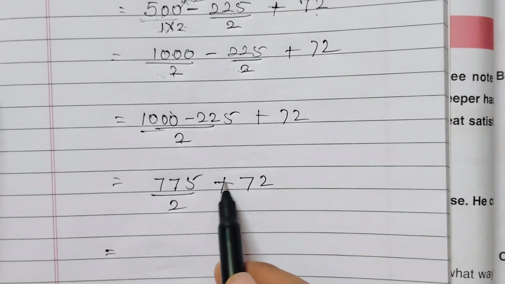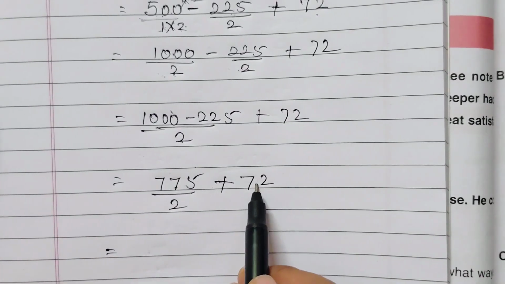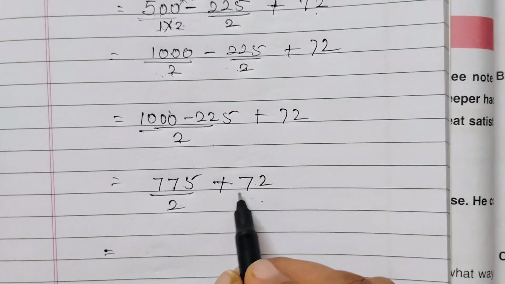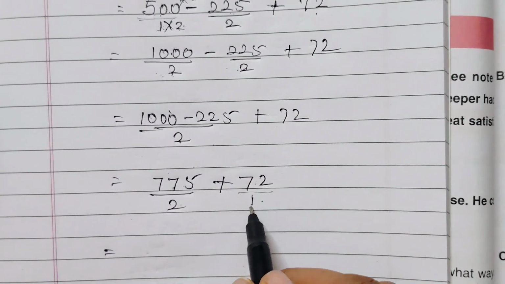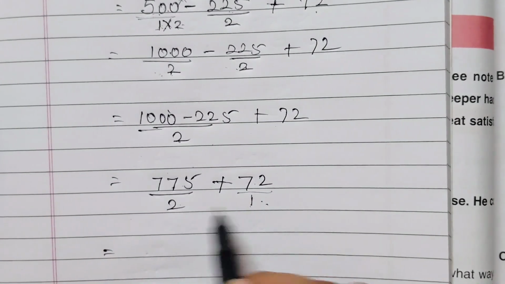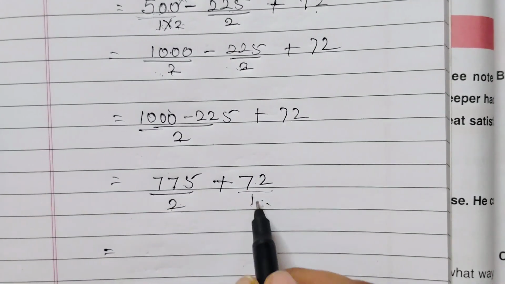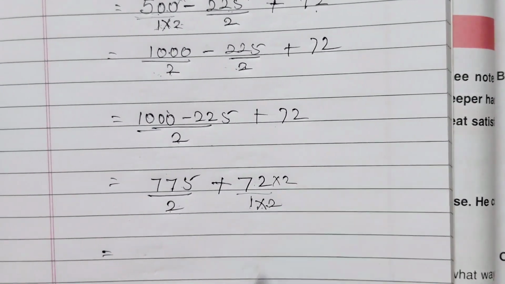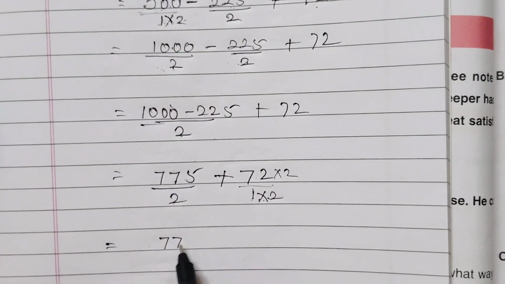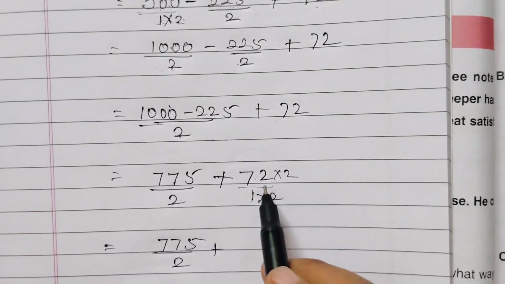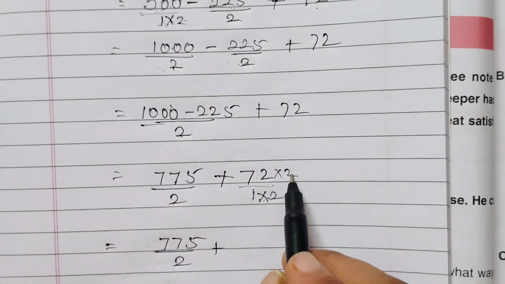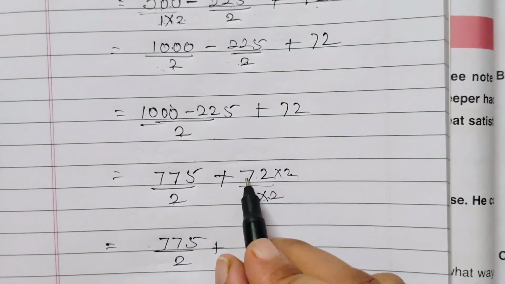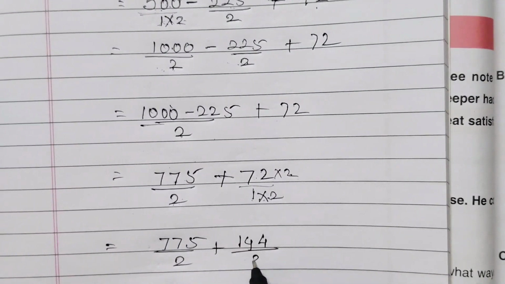Now again addition is there, so we cannot add directly, we have to take out the LCM. Here again there is no denominator, so we take it as 1, and for equalizing the denominator we'll multiply by 2 here, so up also we will multiply by 2. So 775 upon 2 plus 72 into 2. 2 2s are 4, 2 7s are 14, so 144 upon 2.